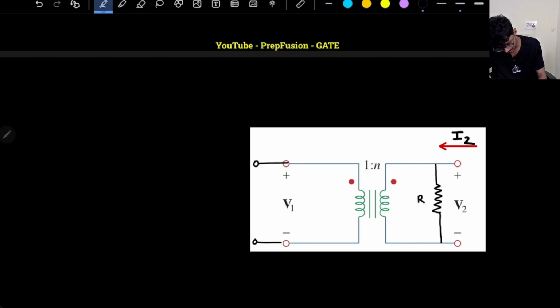One is this current, the port current I1. Another one is the primary current of the transformer, I primary. Here I also have another current named I secondary, the secondary current of the transformer. These things are different. I secondary and I2 are two different, separate currents.